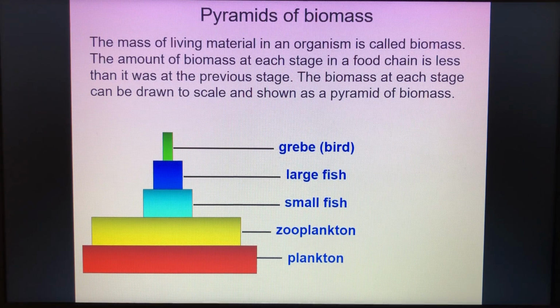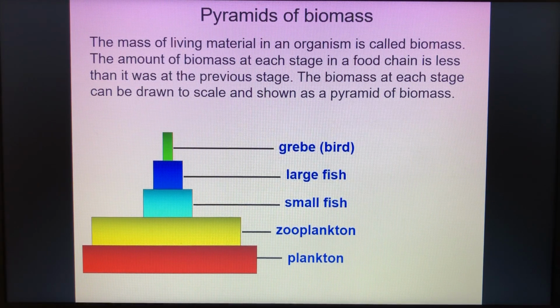And we can see it's always a pyramid shape. If it was a pyramid of numbers, you can get some really obscure shapes. So a pyramid of biomass, the biological matter involved in the food chain, is a really good way of showing the transfer of energy through a food chain.